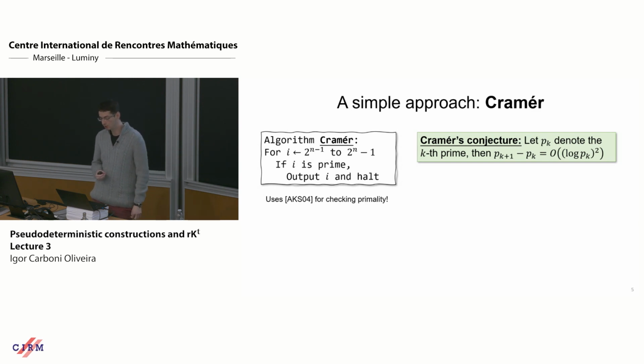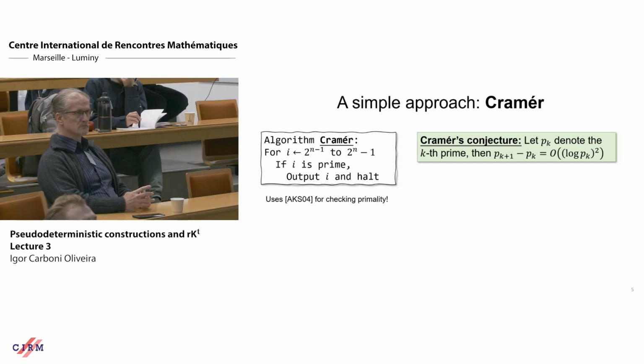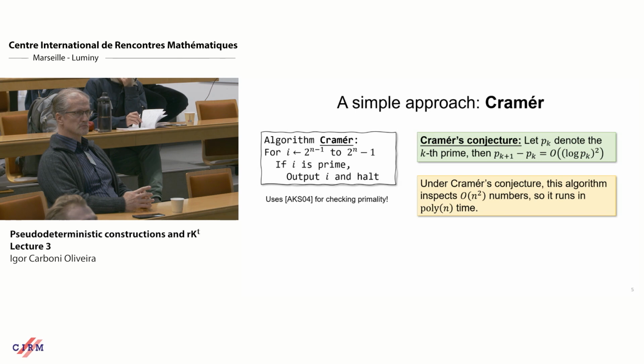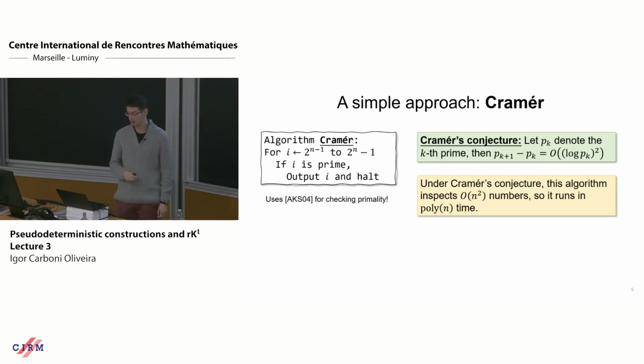There is an old conjecture called Cramér's conjecture that says if you look at the k-th prime, then the gap between this prime and the next one is log squared. If this conjecture holds, then this algorithm is going to inspect at most n squared numbers, and therefore it runs in deterministic polynomial time.